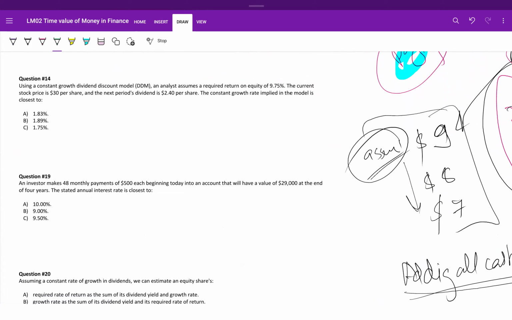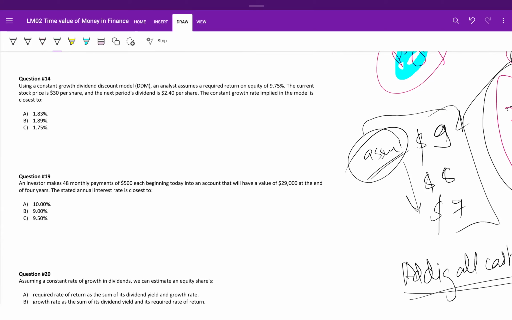Don't worry about the sequence, because we have previously done other questions. Question number 14: using a constant growth dividend discount model, an analyst assumes a required return on equity of 9.7%.